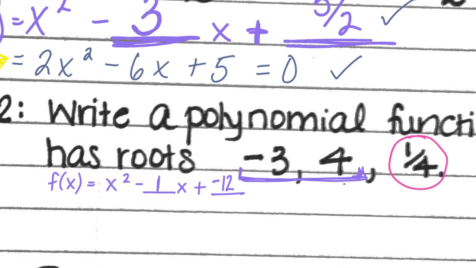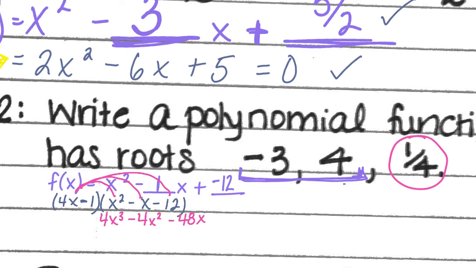So notice that this x squared minus x minus 12 is those two, and now I have a 4x minus 1. Well, we have to distribute the 4x through all three. 4x cubed minus 4x squared minus 48x, and I have to distribute the negative 1 to all three.